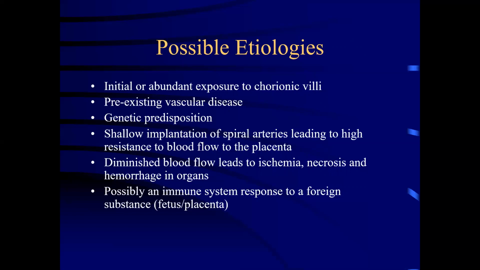There is a diminished blood flow leading to ischemia and necrosis and hemorrhage in the organs. And it's also thought to be an immune system response to a foreign substance like your fetus or your placenta.